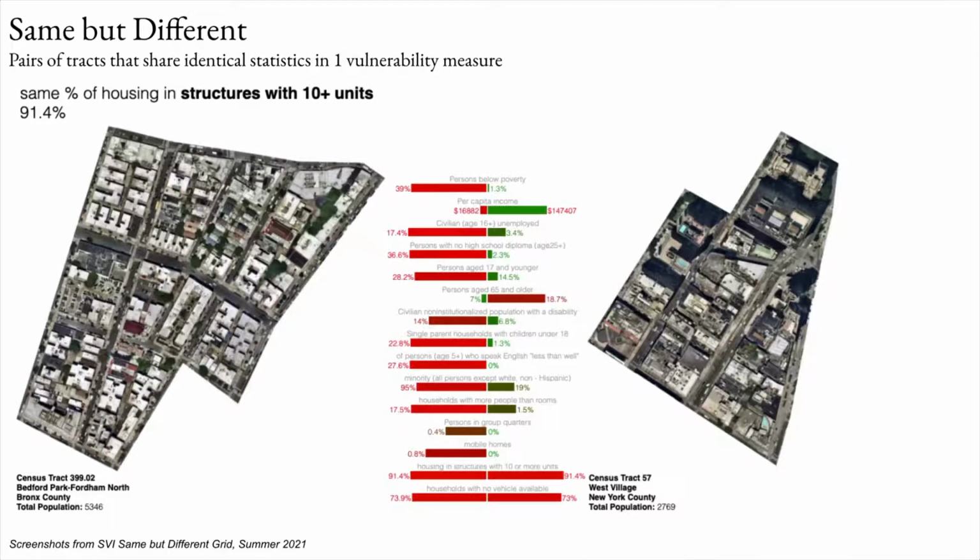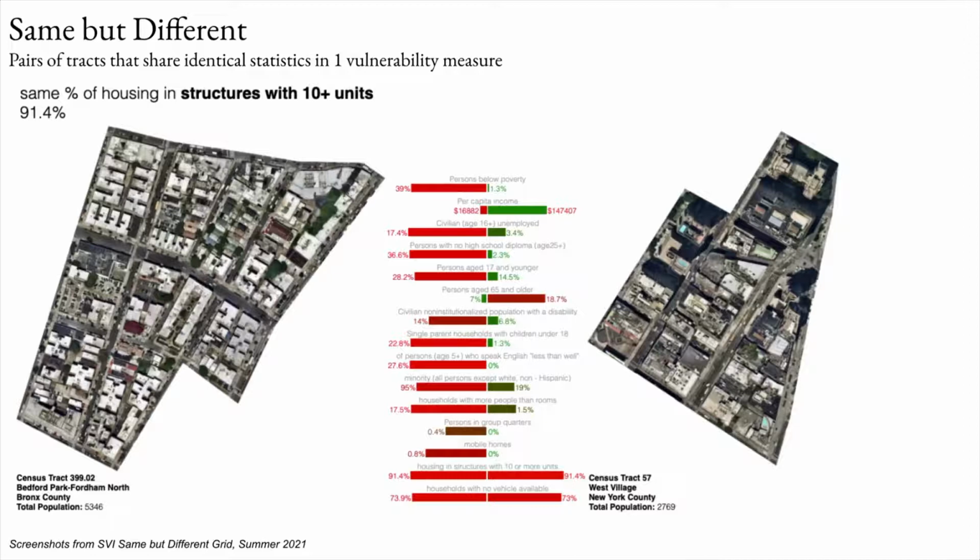This is an interface that presents pairs of tracts that share identical percentages for a single criteria but are different in all other ways. We did this simply by charting the overall SVI difference against the single SVI metric difference between a given pair of census tracts, and then sorting the pairs by those that have the greatest overall difference and the least individual metric difference.